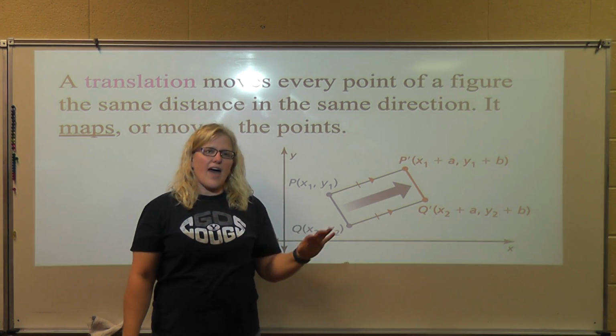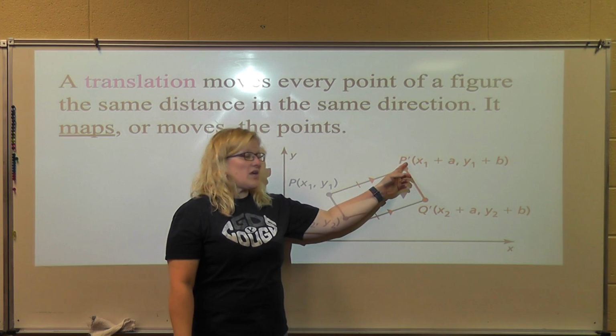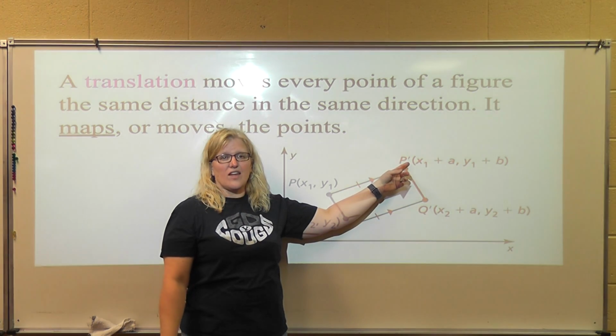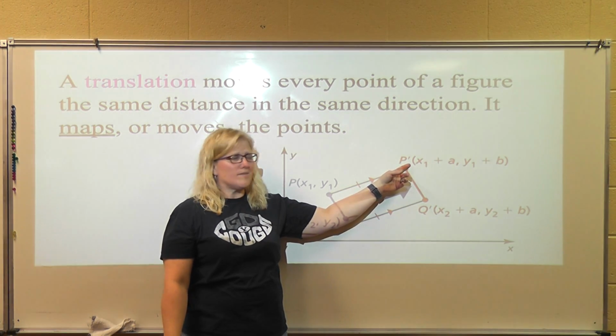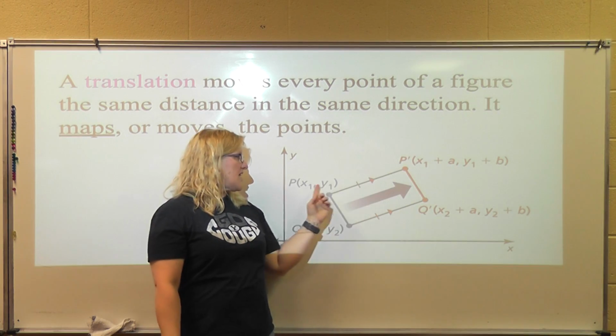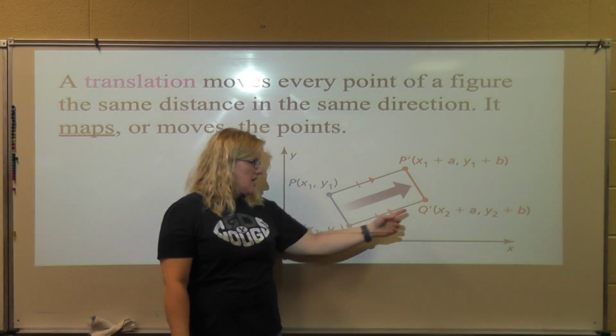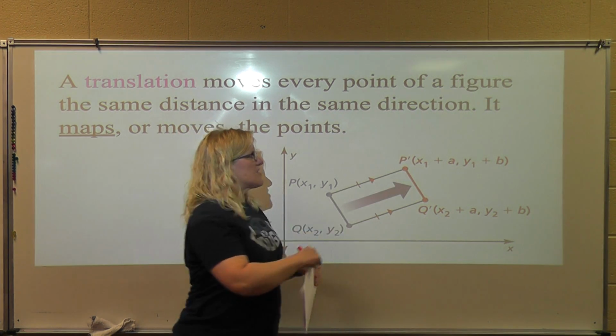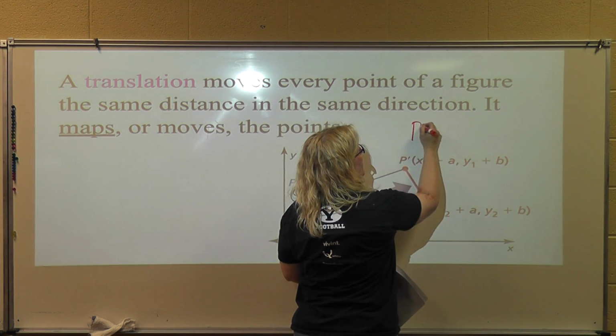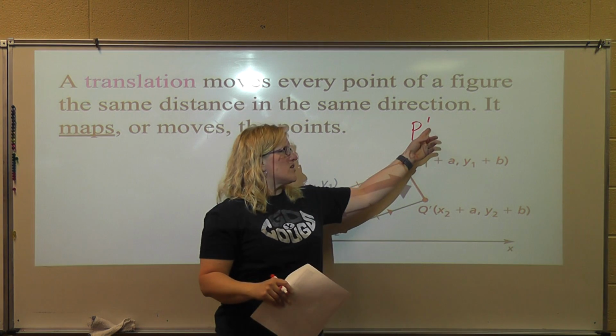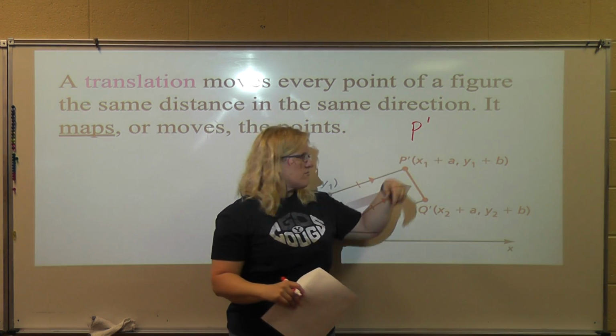And once they're mapped, they become P prime. Kind of funny that I was talking about Optimus Prime, right? But P prime is the image of P, and Q prime is the image of Q. And in case you can't see that, when you do a prime, you have a little line right there.